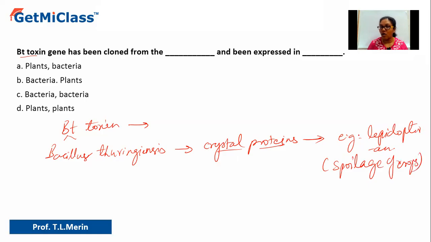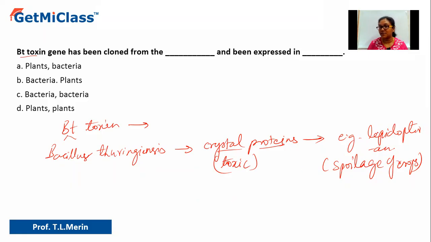So to avoid this, what can we do? Since this bacteria has the capacity to produce toxic protein, that is the crystal protein or the cry protein, we can take this protein, and if we produce the same protein in plants, then the plants will produce this crystal protein.